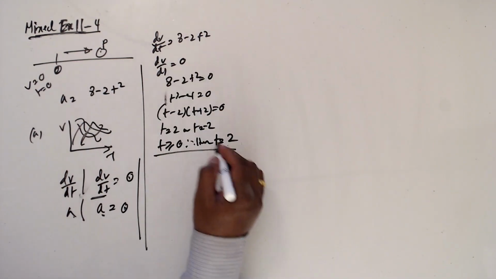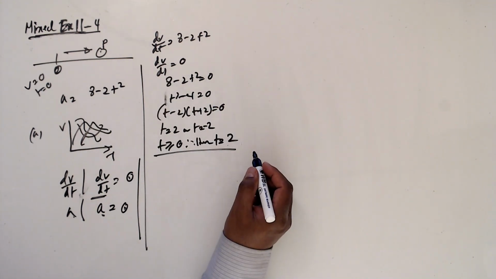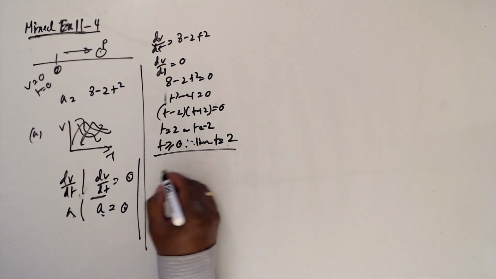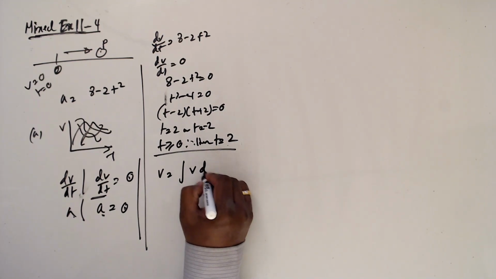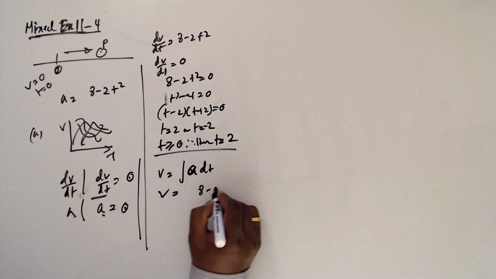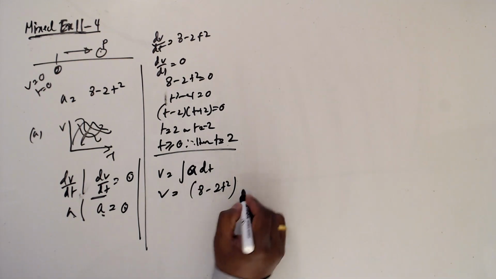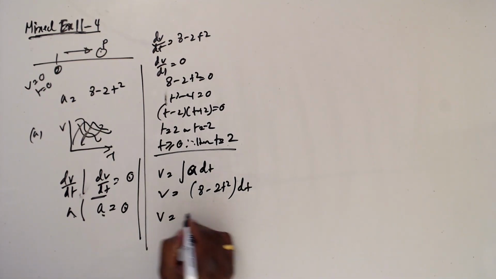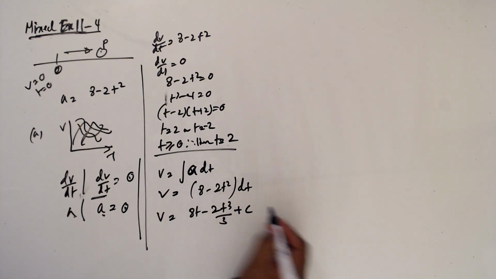So maximum speed is when t equals 2. Now to find the velocity, I need to integrate the acceleration. So v equals the integral of 8 minus 2t square dt. So v equals 8t minus 2t cube over 3 plus c.